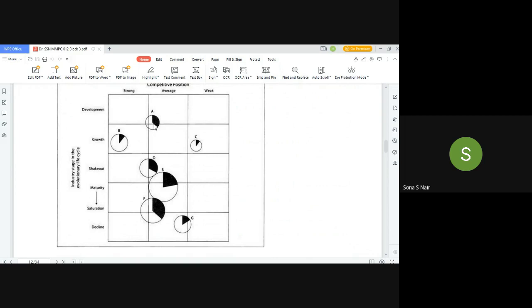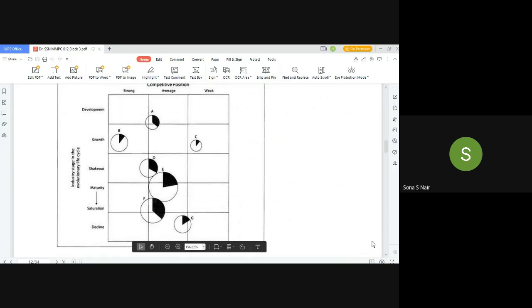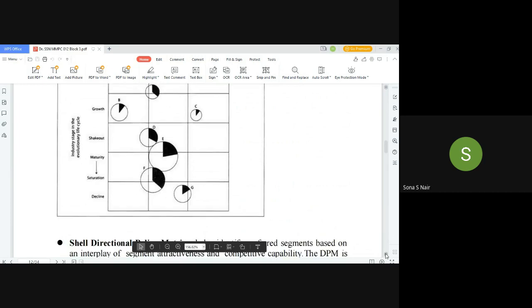Each circle that you see is the size of the industry. The placing in the various cells is based on the competitive positioning and the industry stage. So industry stage is from development to decline. So all these circles are moving from the top to the bottom, and the dark pie shaped structure is the market share of the firm. So there's a whole lot of analysis and work behind creating these circles and the pie charts, but just an indication as to how a tool is used for the analysis of the portfolio that is there in the corporate.